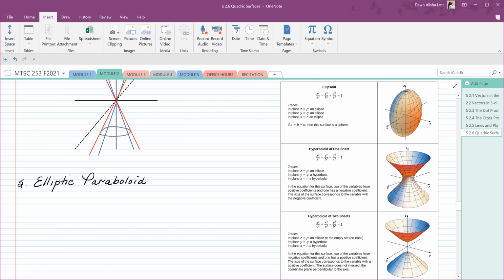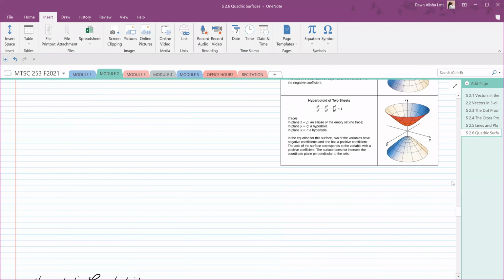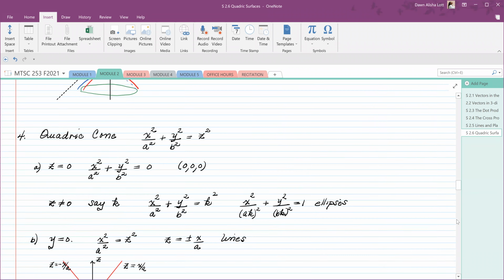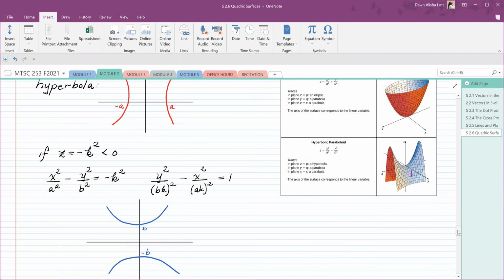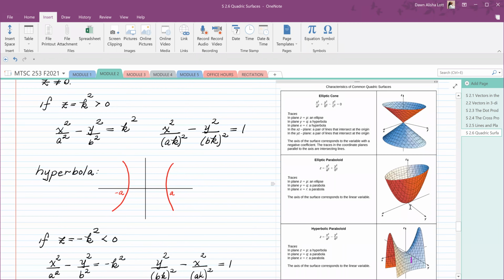Okay, so number 5 is the elliptic paraboloid. All right, so here is a picture of it. Where'd it go? There it is. So it is an ellipse in 2 directions and a parabola in 1.